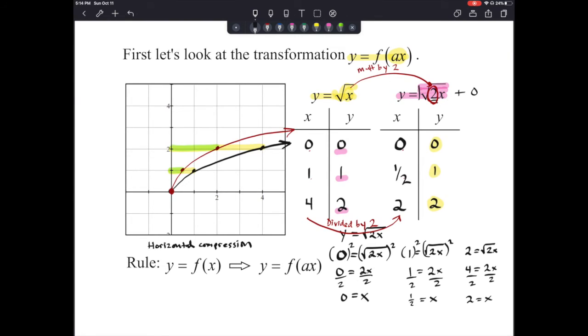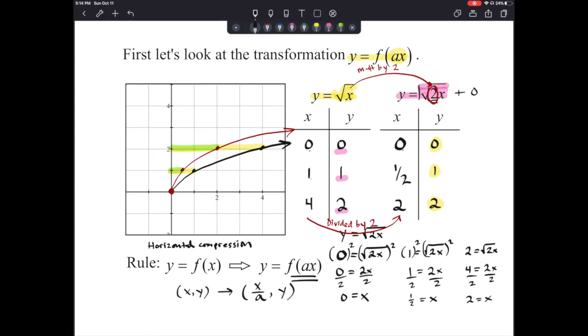All right, so what's the rule that goes with this? Well, if our original points are x comma y, and we're trying to use a horizontal stretch or compression, if it's a times x in the equation, then it would have to be x divided by a in our table or in our coordinates. Nothing's happened to y, so we'll leave it just like that.